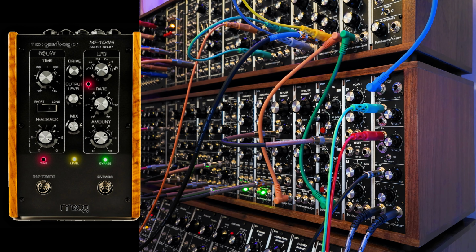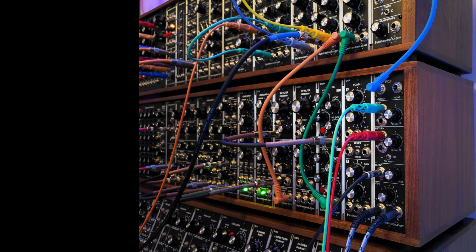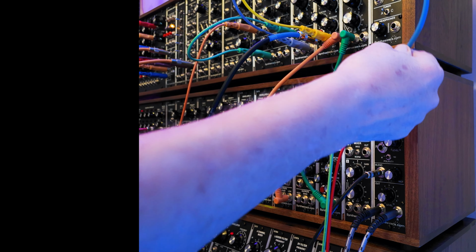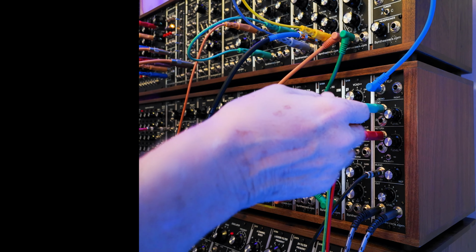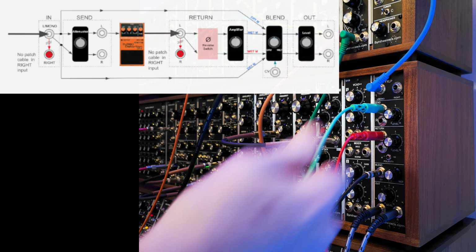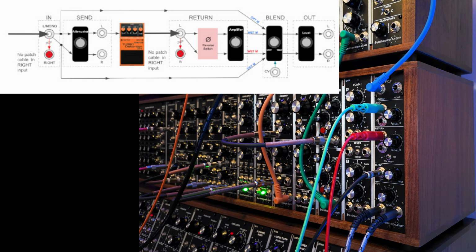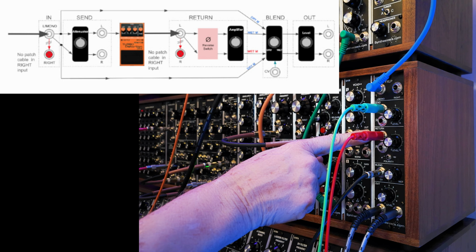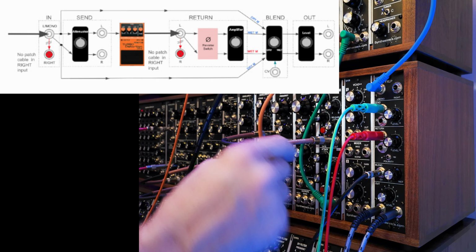It's the MF104 delay pedal. So we're still going to go in the left input, which is normalized to both channels. We come out of the left out, go into the effect, come out of the effect, come back in and go to the left in on the return, which will also send it to both channels.